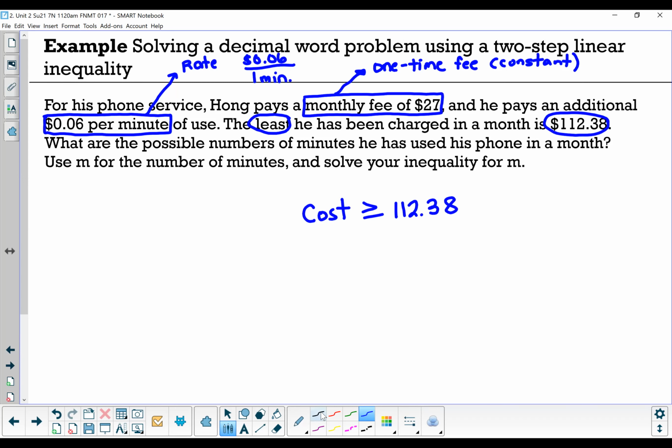And previously we saw equations that were in the form AX plus B equal to C. Well, in this case, we're going to use something similar, but instead of saying equal to C, in this case, it's going to be greater than or equal to C, right? And we break down the different elements of this, what we saw before. We saw A was our rate.